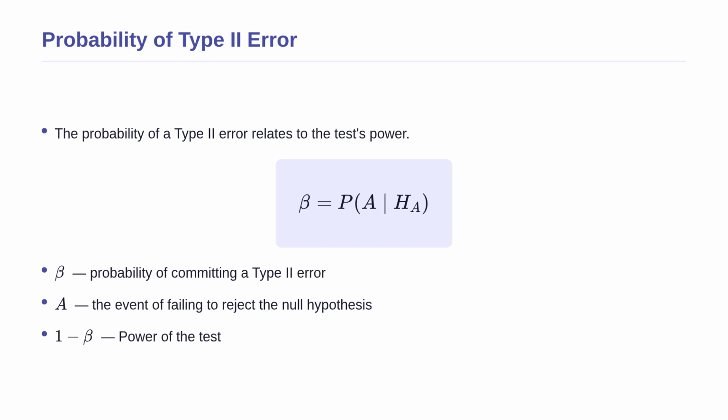In plain words, the disease is there, but our test missed it. The complement of this error, calculated as 1 minus beta, is called the power of the test. Power is the probability of correctly finding a real biological effect. If we increase the sample size of our experiment, we can decrease beta and increase the power, making our test much more sensitive.